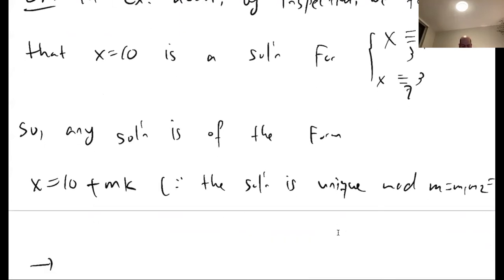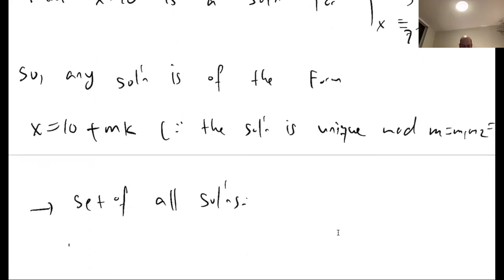So that means the set of all solutions is 10 plus 21K, where K comes from Z. So 10 is one of them. The next solution is going to be 10 plus 21, which is 31.